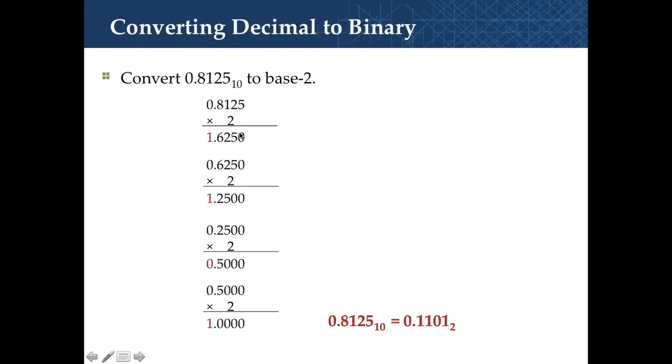And that's reading from left to right here, 0.1101, to convert from a fractional decimal number to a binary fractional number.